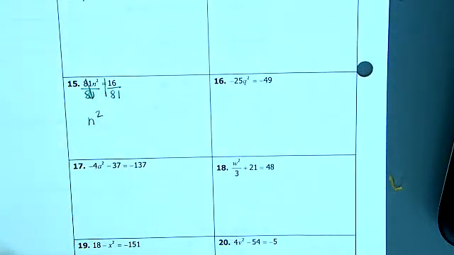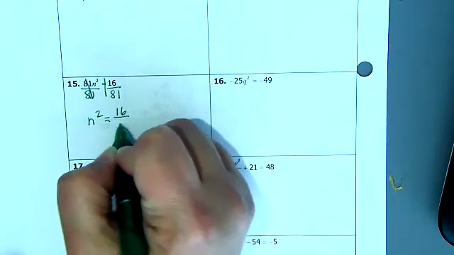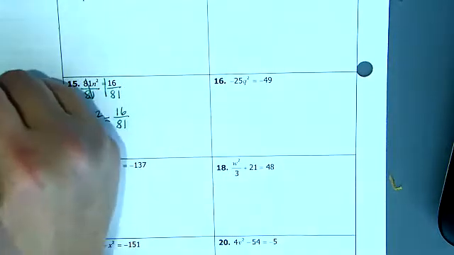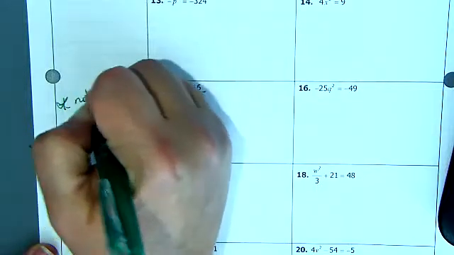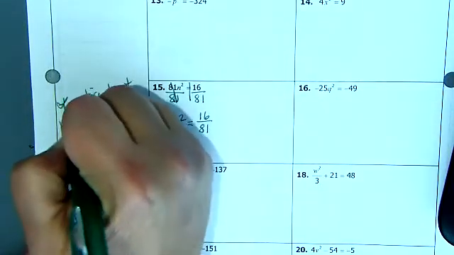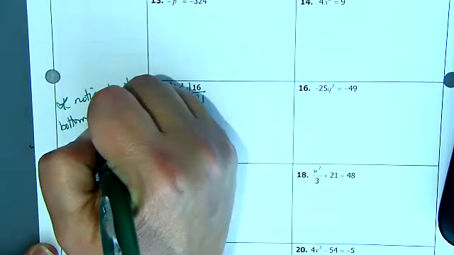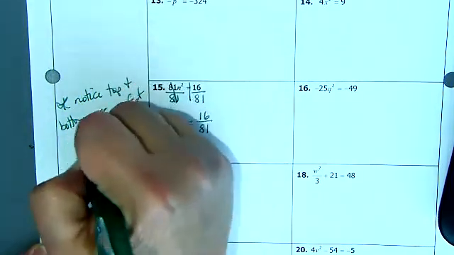What you notice here is that we end up with 16 over 81. So off here to the side, notice top and bottom are perfect squares.